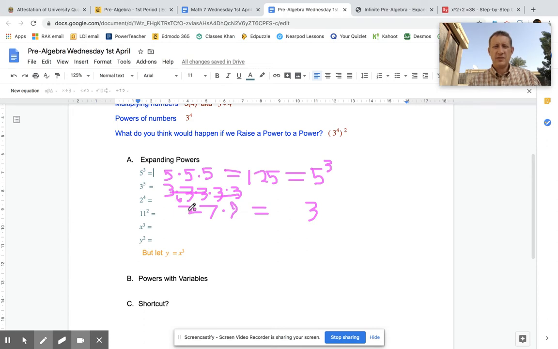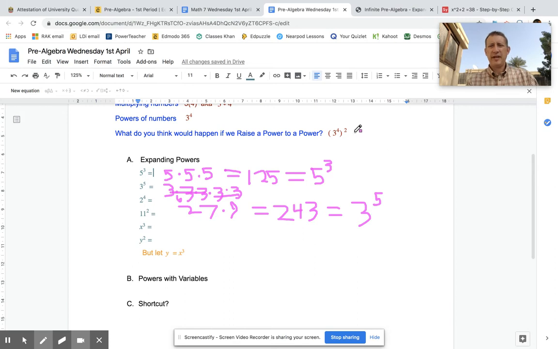And then 9 times 2 is 18, plus 6 is going to be 24. So that's the number. That's what 3 to the 5th equals as a simplified number. But 3 to the 5th in expanded form would look like what we just crossed out here, 3 times 3 times 3 times 3 times 3. And then in compressed or simplified form, we can write it as 3 to the 5th. That's simplified power form.